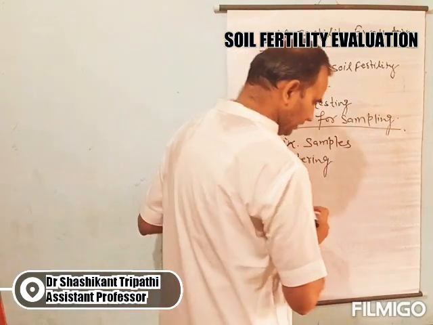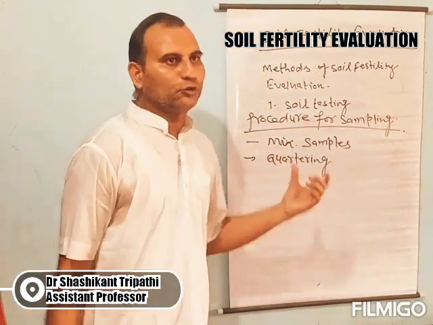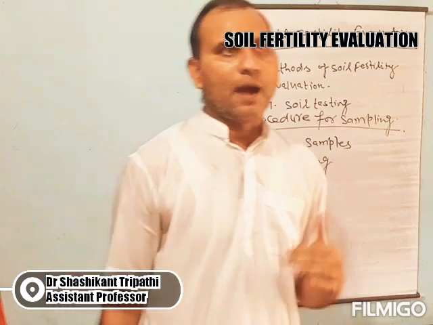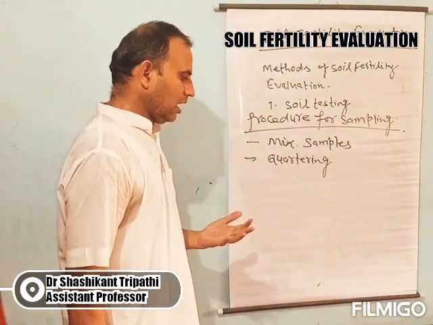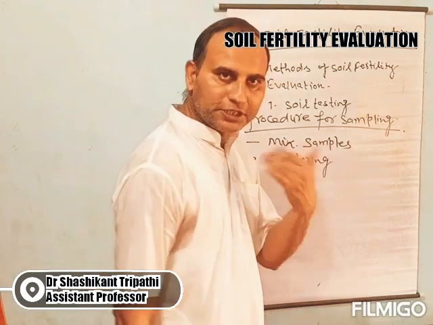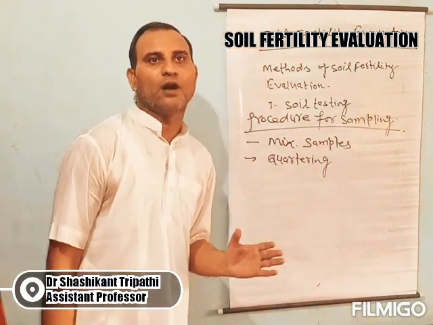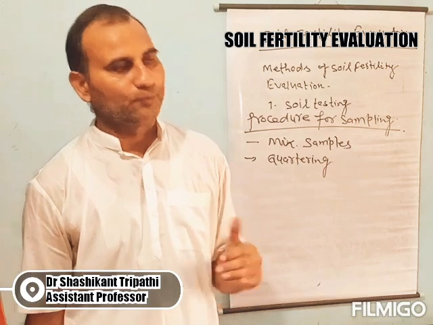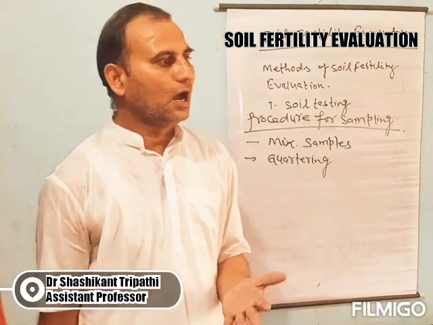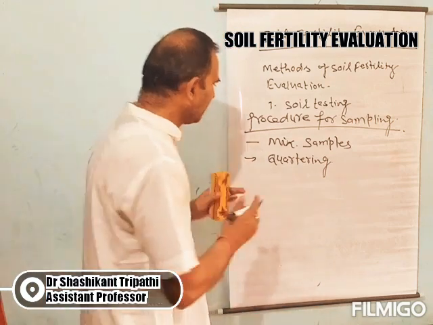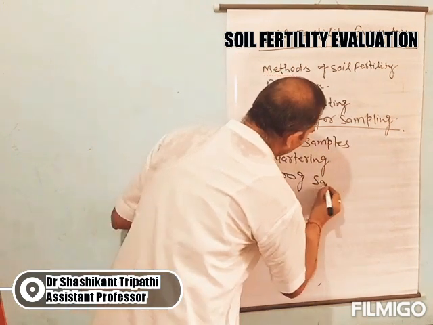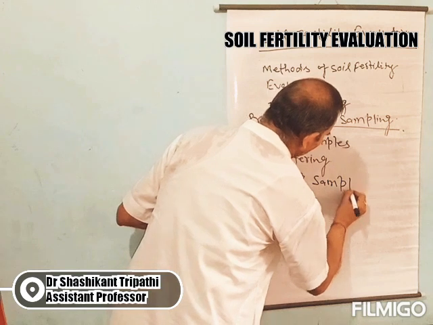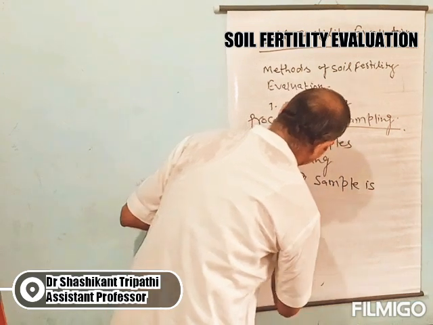The 2 opposite quarters of soil are discarded and the remaining 2 are remixed, and the procedure is repeated until a 500 gram soil sample is obtained.